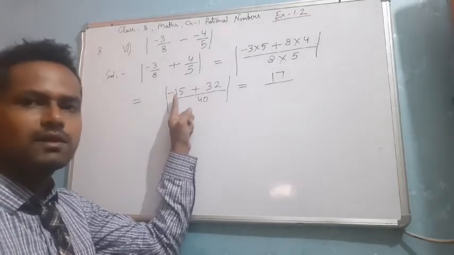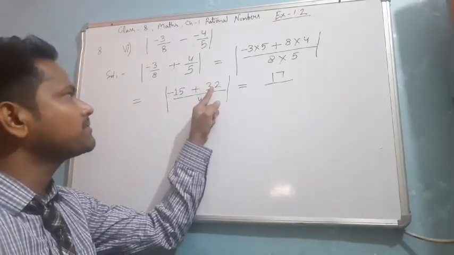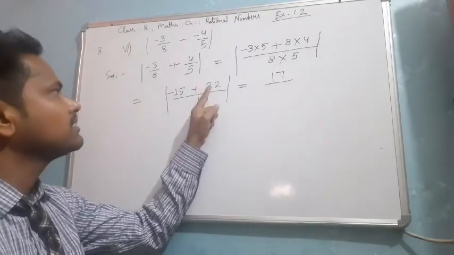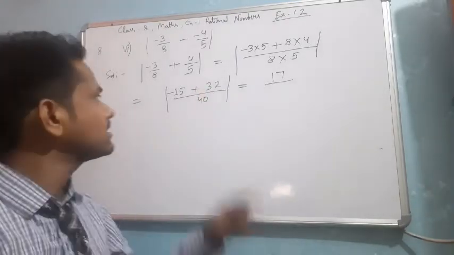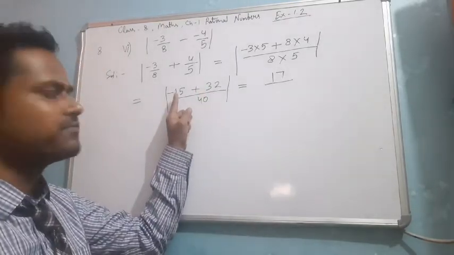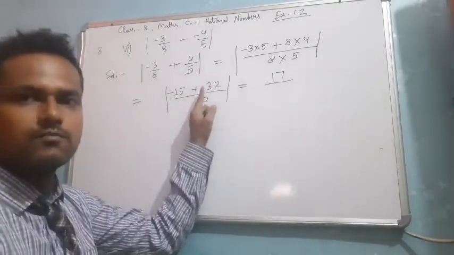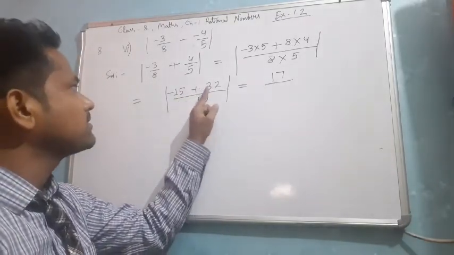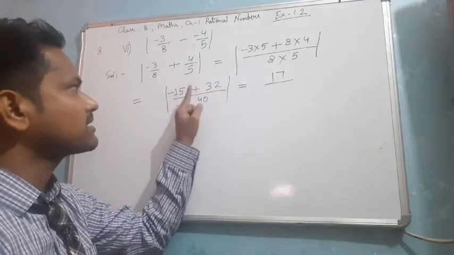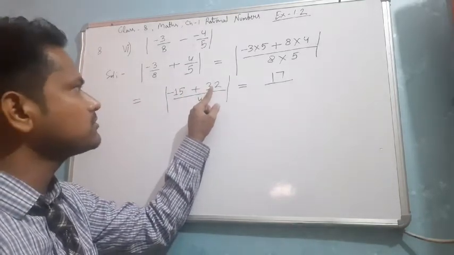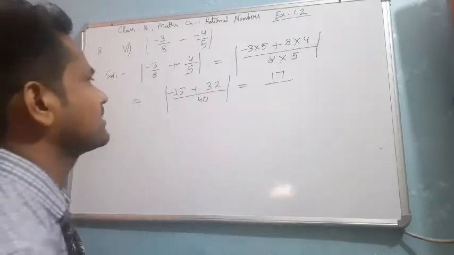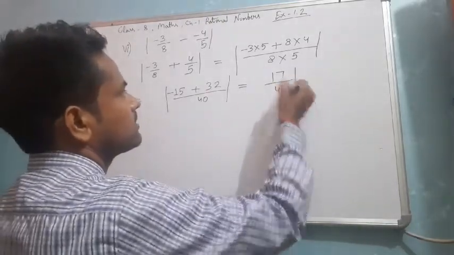Here minus 15 is a negative integer and 32 is a positive integer, in which 32 is greater than minus 15. So subtract the smaller from the larger number, that is 32, then you will get plus 17 upon 40.